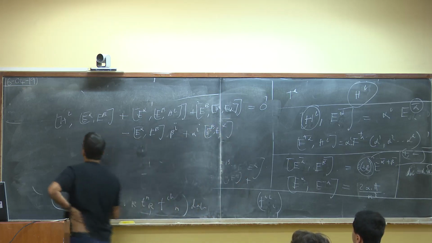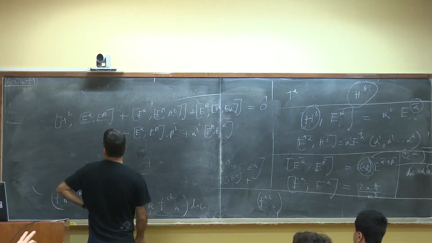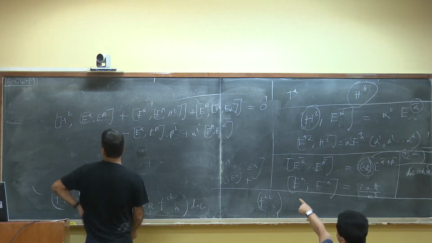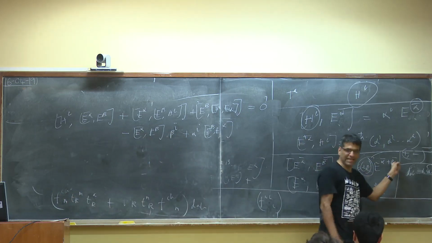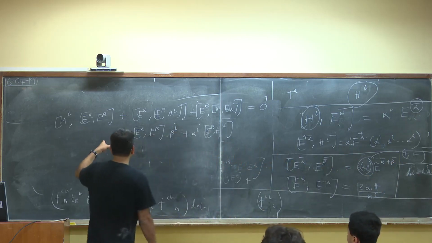Then move to the other side, switch the beta and alpha. We're just getting that it's an eigenvalue. What about the eigenvalue? Let's use this equation. This equation is not going to tell us anything, right?